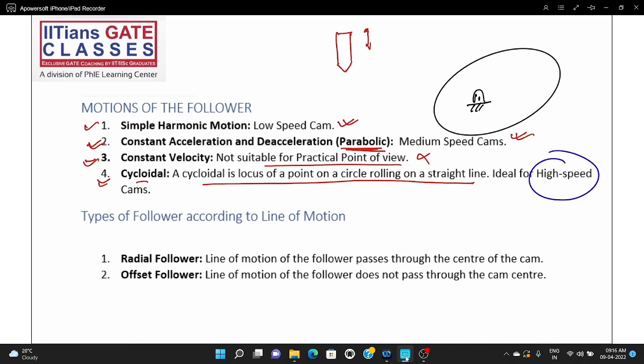If the line of motion of the follower passes through the cam center, then it is called a radial follower. If the line of motion of the follower is not passing through the cam center, and the follower is not located just above the center of the cam but somewhere else, it is known as an offset follower.